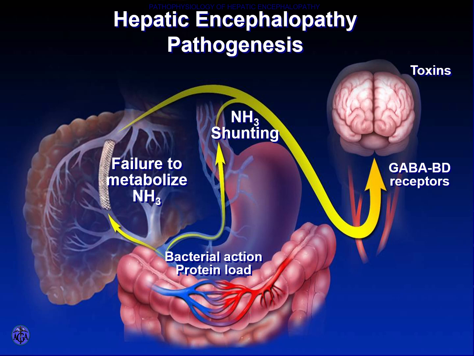Under bacterial action, there's a production of ammonia. Ammonia will then be absorbed into the portal system. It is not metabolized in the cirrhotic liver, and it will be shunted directly into the brain, where it acts on the GABA receptors and the benzodiazepine receptors, leading to hepatic encephalopathy.